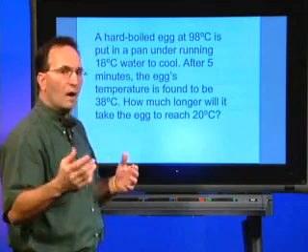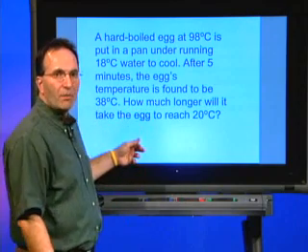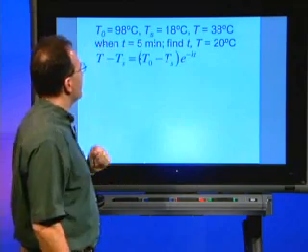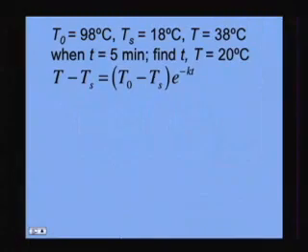All right, I've written down some of the more pertinent information on the next slide. We have a starting temperature of 98 degrees Celsius for the egg. The surrounding temperature, which is the temperature of the water that's running and covering the egg, is 18 degrees. We know that the temperature goes down to 38 after 5 minutes. So we're asked to find t, the time it would take to go down to 20 degrees.